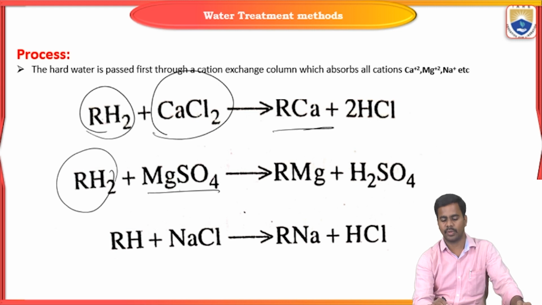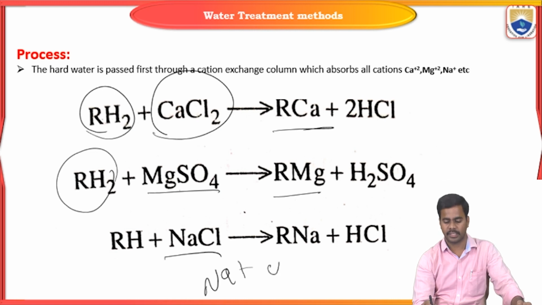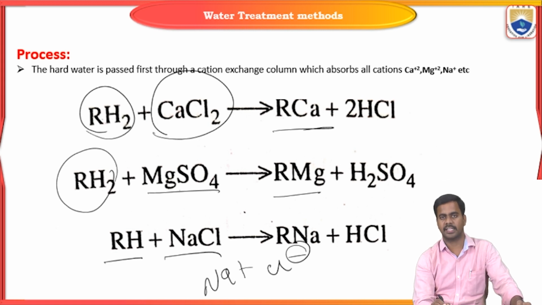The resin is able to exchange the cation present in the hard water. Similarly, suppose you take NaCl in the water. What are the cations and anions in NaCl? Na plus, Cl minus. So this cationic exchange resin exchanges the cations present in the water.